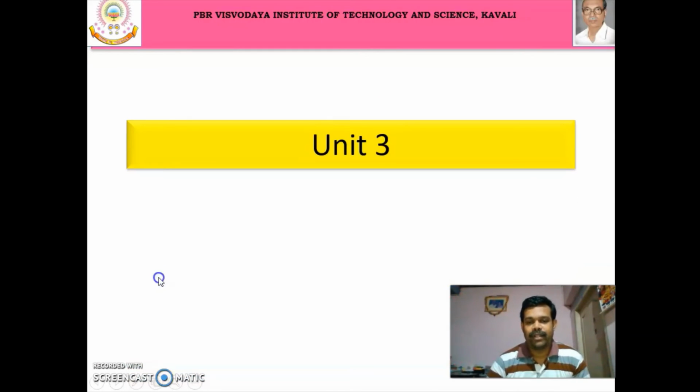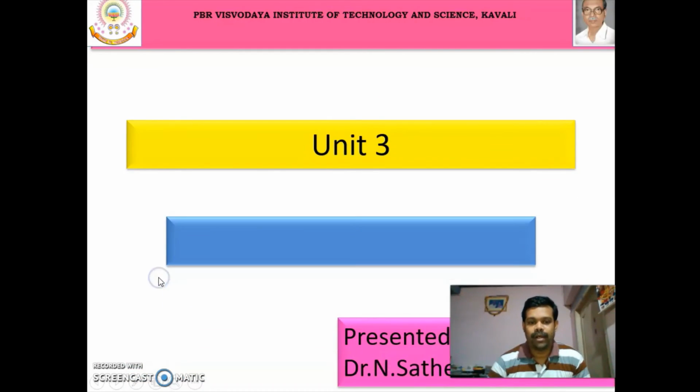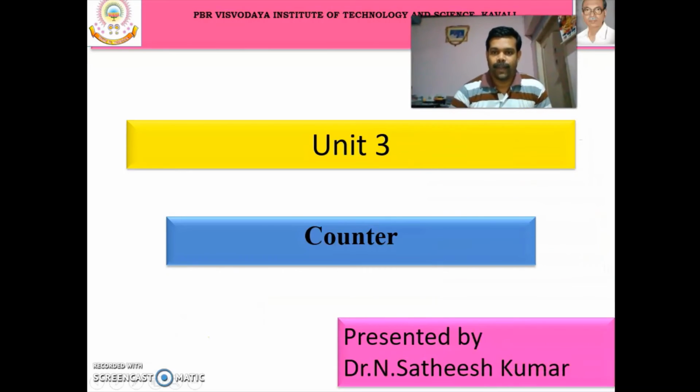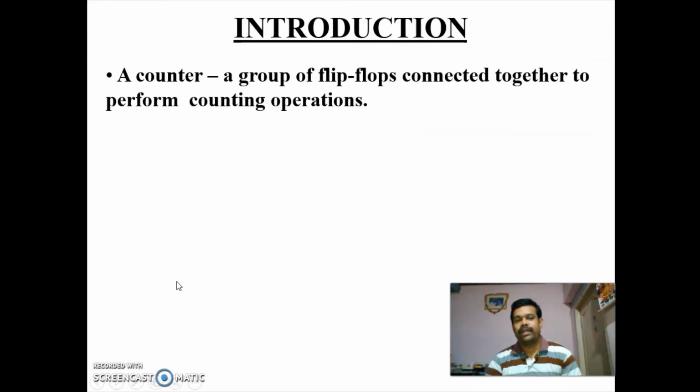So today we are going to see the topic counters in unit 3. Now, what is a counter? A counter will have a group of flip-flops connected together to perform counting operations.